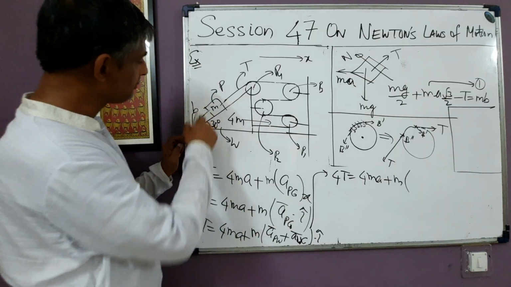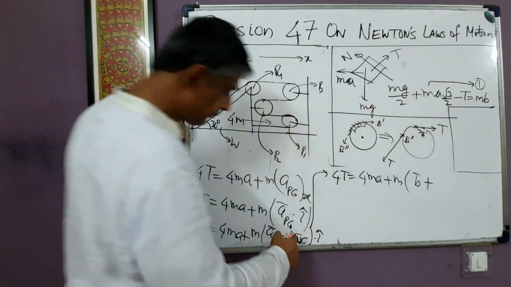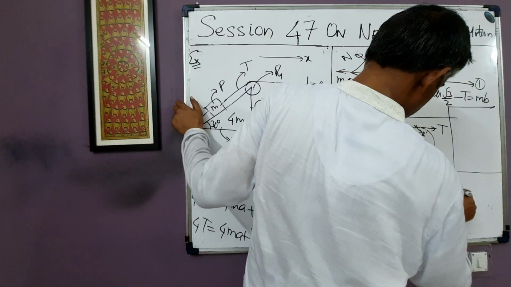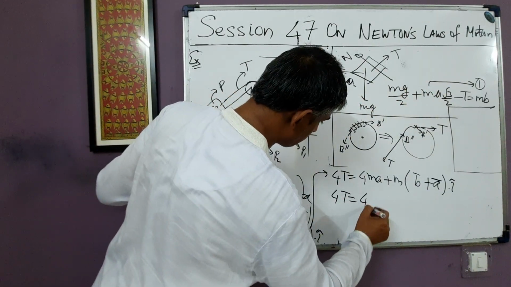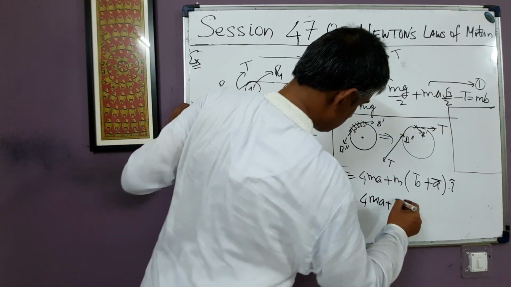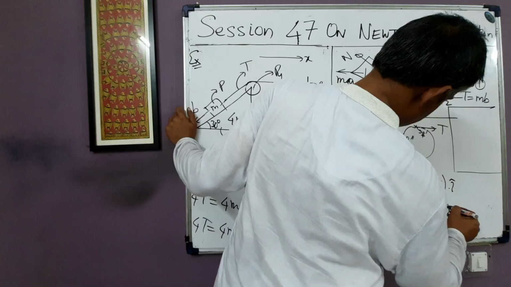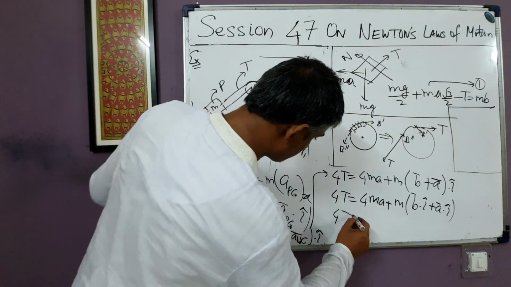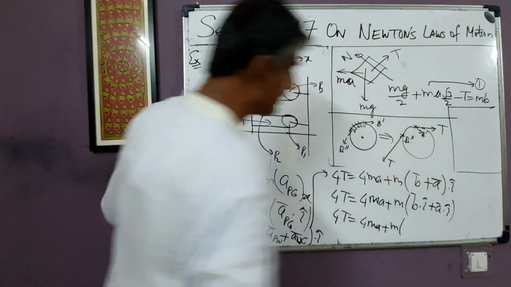APW is nothing but vector b, the acceleration of block with respect to wedge, and AWG is nothing but vector a. So we get 4T equal to 4ma plus m times (b dot i hat plus a dot i hat).